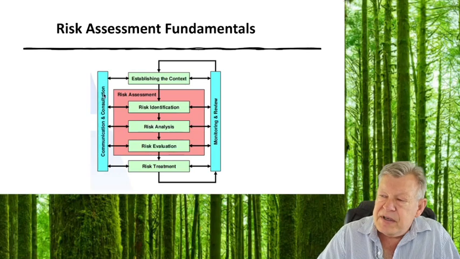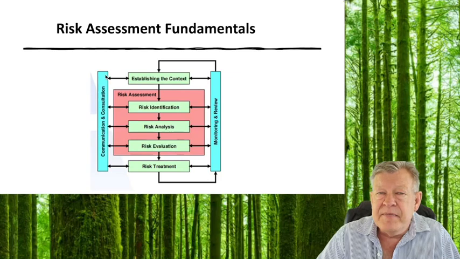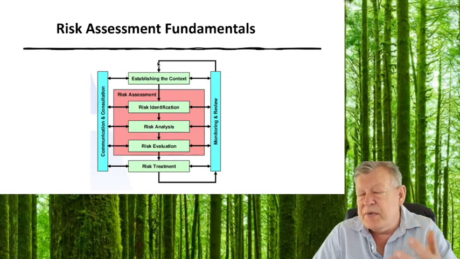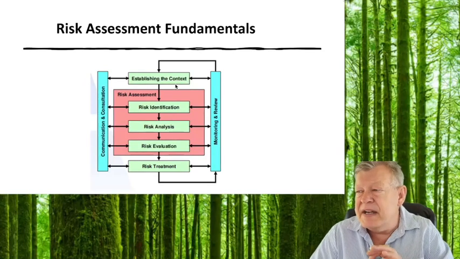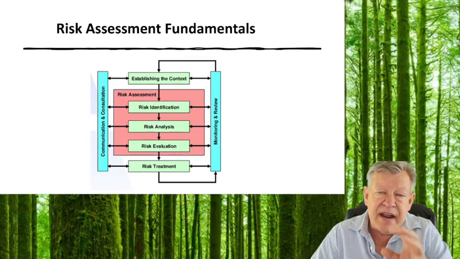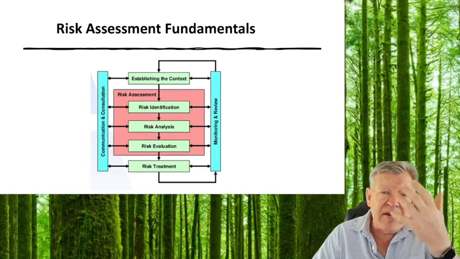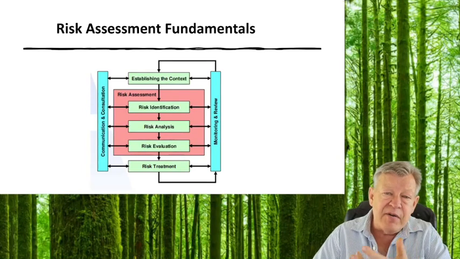Once I've got a group of people together to do the risk assessment and I tell them what we're going to do, we need to establish the context. We'll talk about what context is, but this is basically where you identify the scope of work, the area that you're going to work in, why you are there. So it gives you the background and the environment in which you are working.